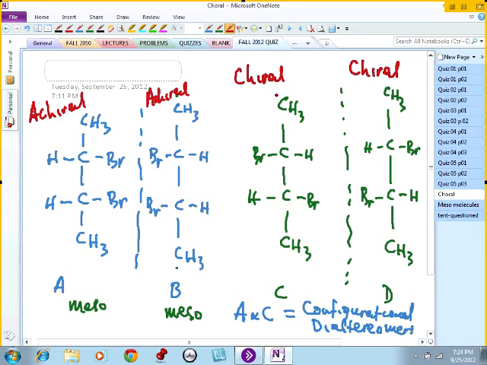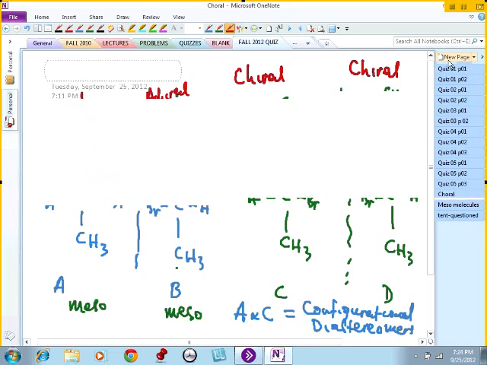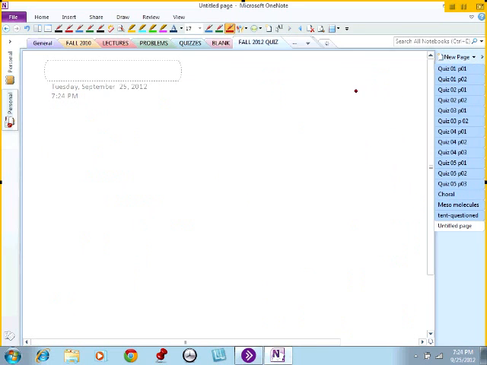Now you begin to see we have meso molecules, we have diastereomers, configurational diastereomers, we have enantiomers. You need to be able to recognize all of these types of molecules. Very often, you will be given, let us say for example, just as we started, I'm going to take a look at this here.